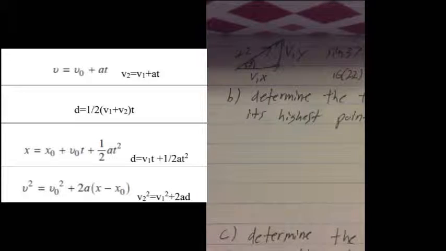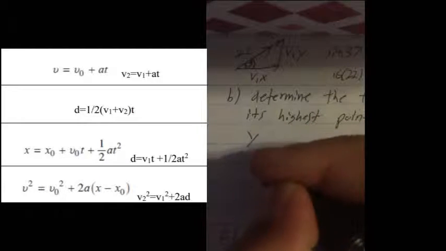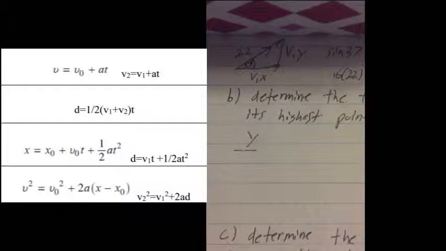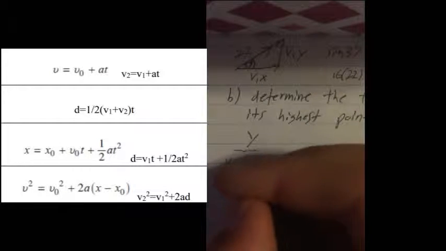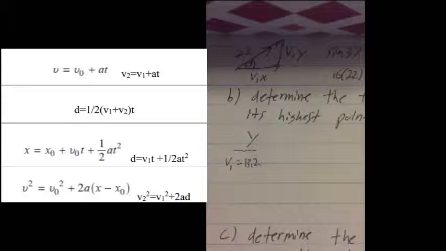Because it's trying to reach its highest point, we know it's going to be in the y direction. We don't really care about the x direction in this particular problem. So, in the y direction, we know that the velocity is equal to 13.2, because we just solved that in the last problem.